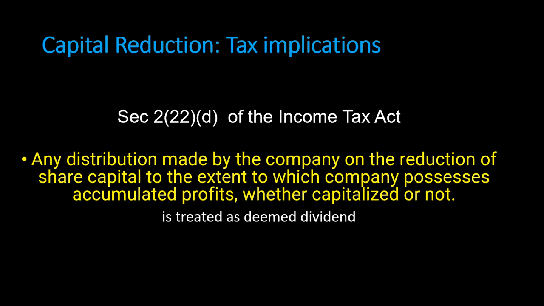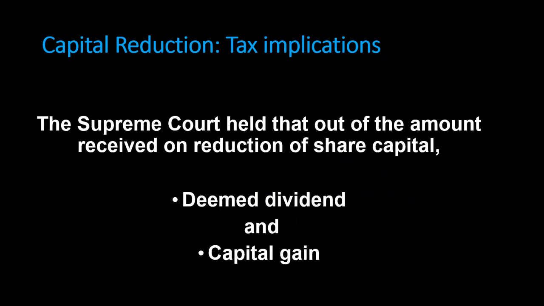So the shareholder is unhappy because the price they're getting is less than the gray market price. And plus part of it will be treated as a deemed dividend, and any excess above that will also be treated as capital gain. So there are two types of income coming under the definition of taxable income under the Income Tax Act.